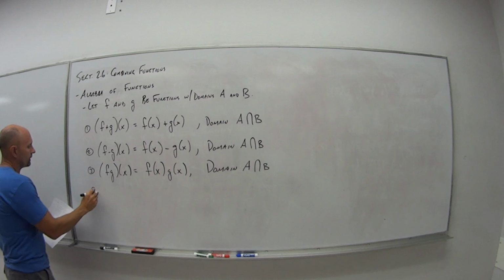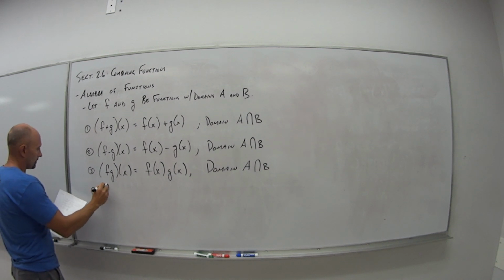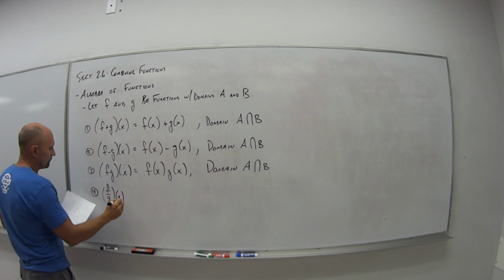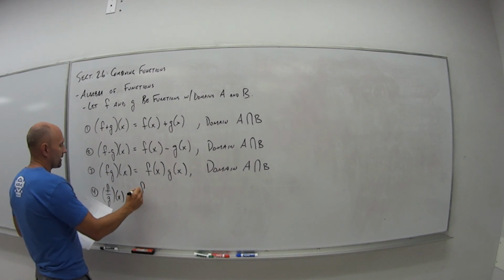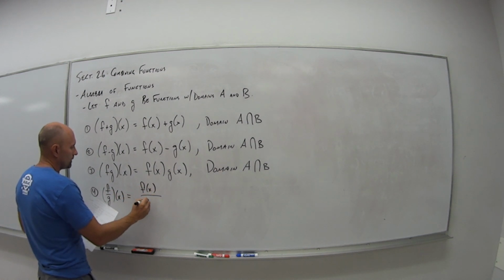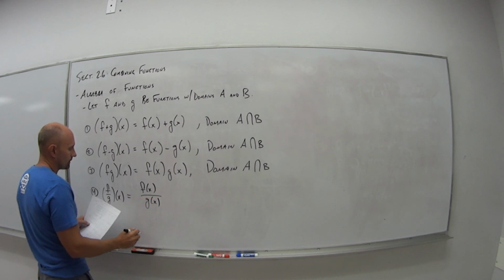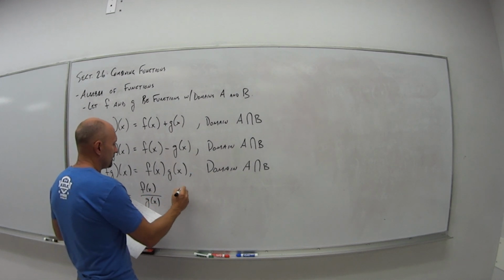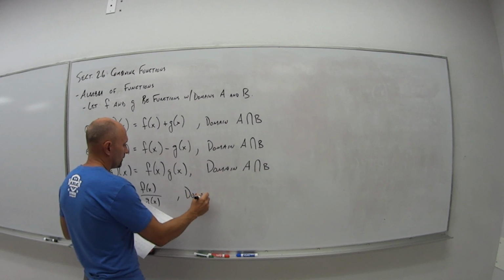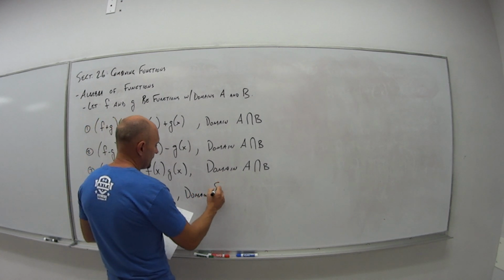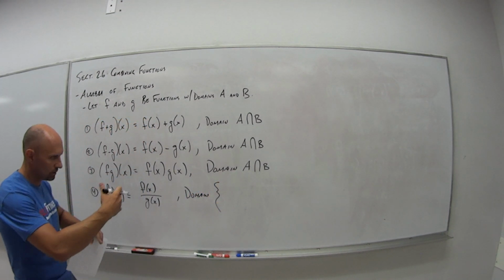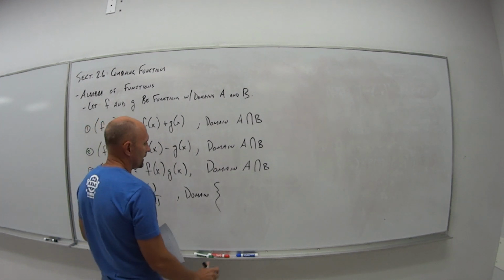And where it gets tricky is when I have division. If I'm dividing f by g to get a new function, that's f of x divided by g of x, but for the domain, we have to be careful here. Now the domain, and it's this funny notation, but I'll verbalize it for you.